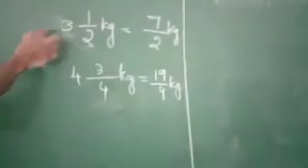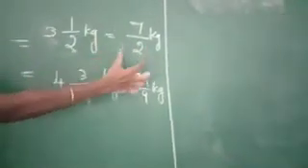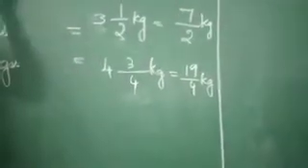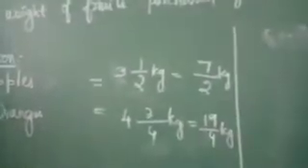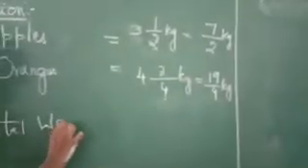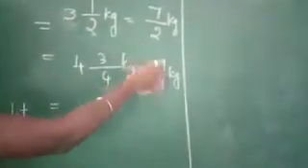Now you have to find the total weight. So here, if the fraction is in the mixed form, first you have to convert into an improper fraction and then add to find the total weight of the fruits. So total weight is equal to, you simply add these two improper fractions.